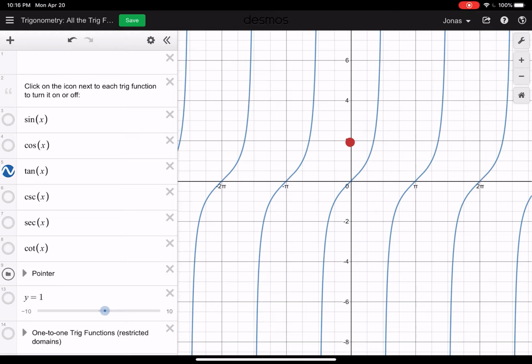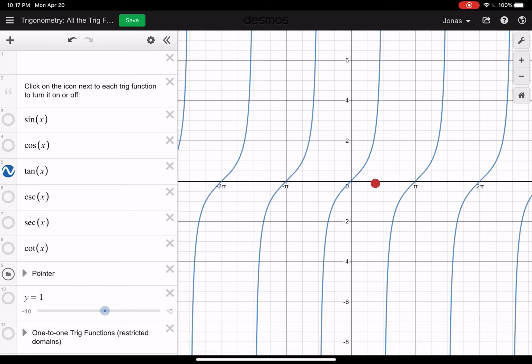You would go to the output, the 2, and trace it back horizontally to the function and look at what x you would have to plug in to get 2. Here this x is somewhere between pi over 4 and pi over 2, right there.